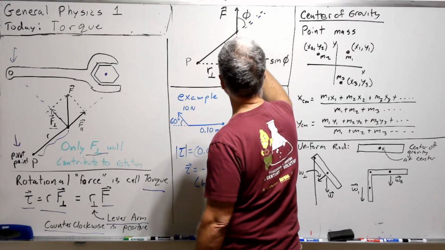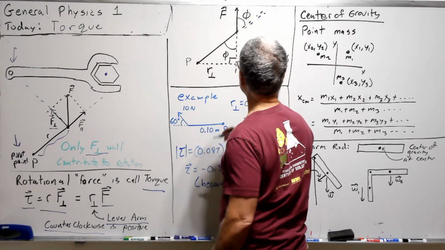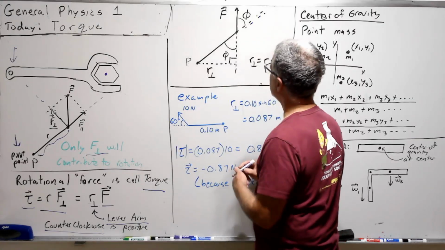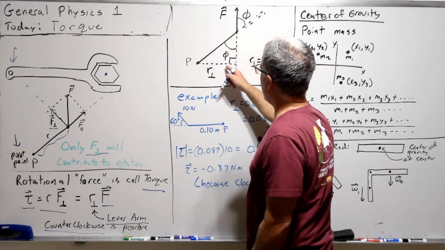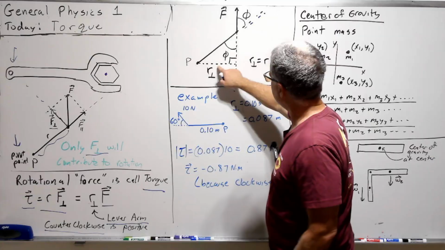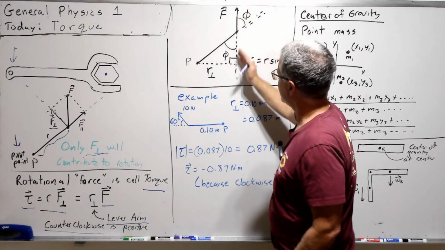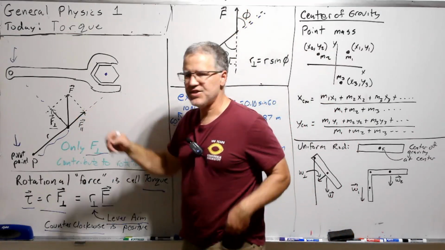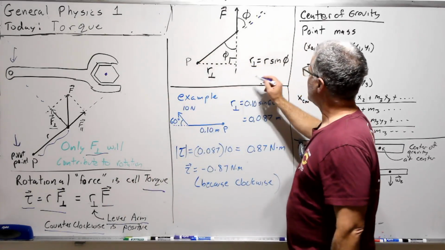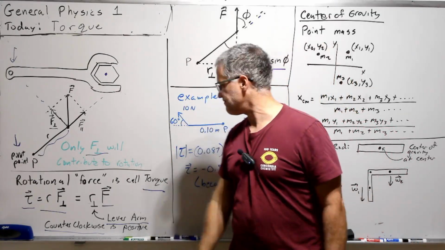And what we do then is we draw the perpendicular, and we define the lever arm as this distance here, perpendicular to the force direction. It's just switching the roles of force and direction. And in that case, we get r sine theta.